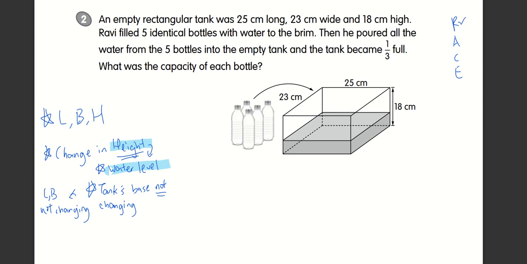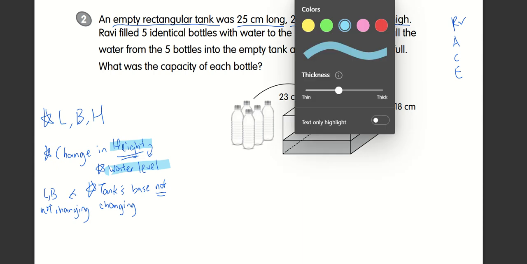An empty rectangular tank was 20 centimeters long, 23 centimeters wide, and 18 centimeters high. So I have my length, breadth, and height given here.